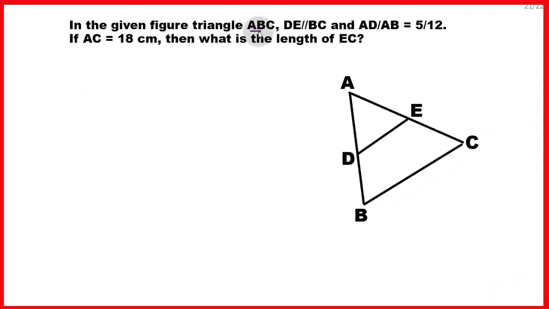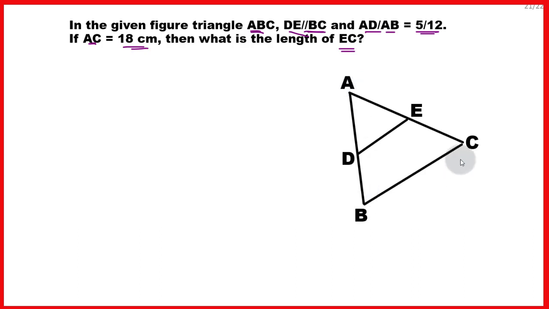In the given figure, triangle ABC, DE is parallel to BC and AD upon AB is equal to 5/12 and AC is given as 18 centimeter. Then what is the length of EC?